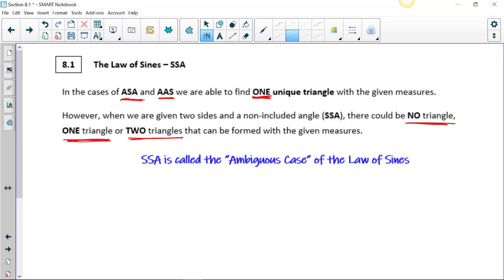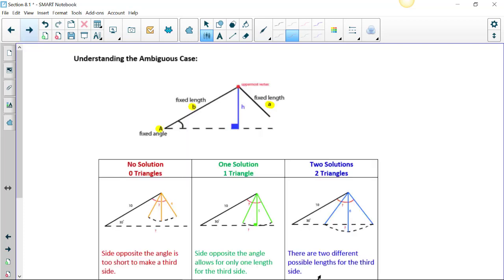So let's talk about how this could happen and how we can figure out how many triangles or solutions we'd have. With the ambiguous case, you're going to be given an angle and two sides. So we could say the ambiguous case is angle, side, side, or the PG version would be side, side, angle. We are given a fixed angle.